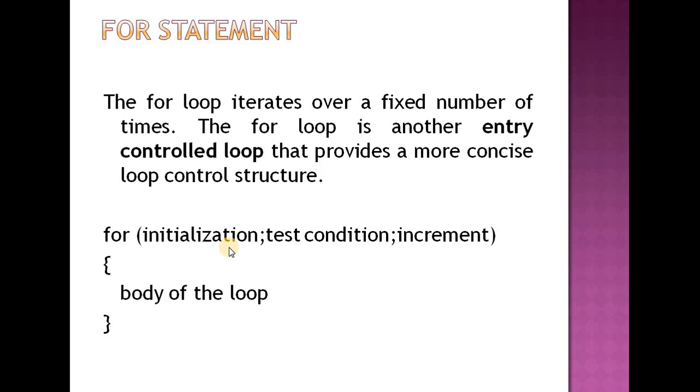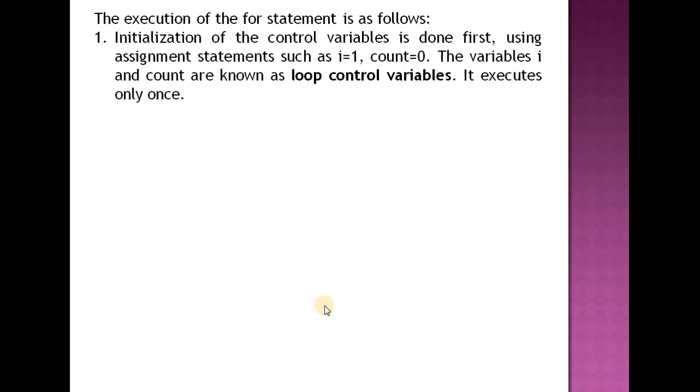So the first is initialization. Initialization of the control variable is done first using assignment statements such as i is equal to 1, count is equal to 0. Such type of statements will be included in the initialization part of the for statement.